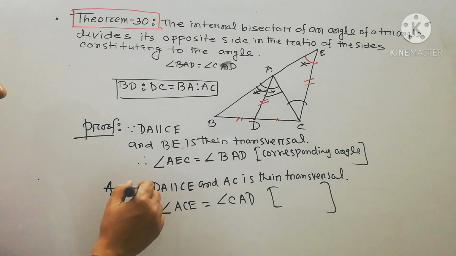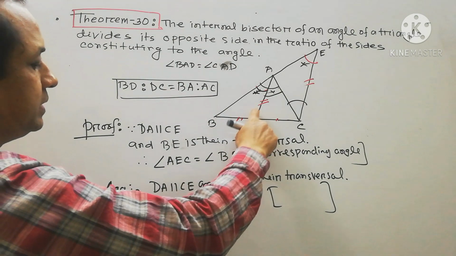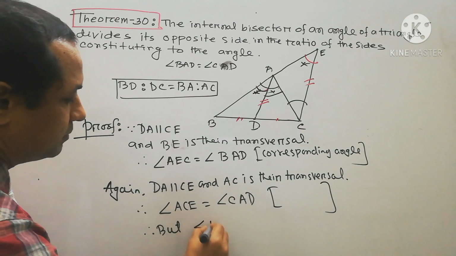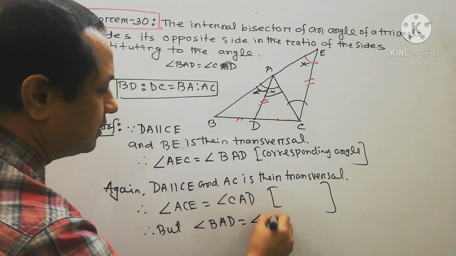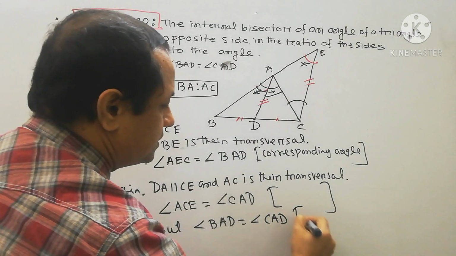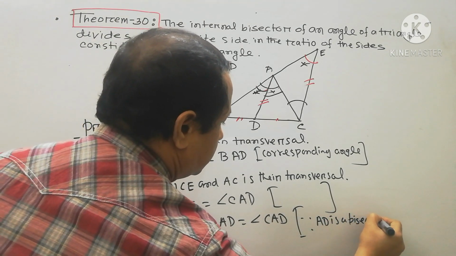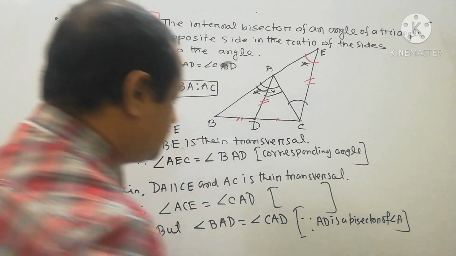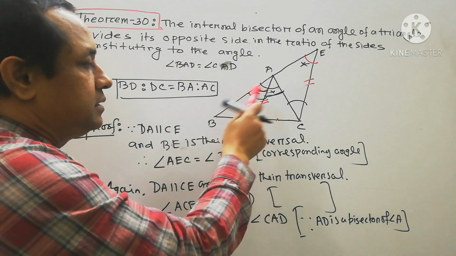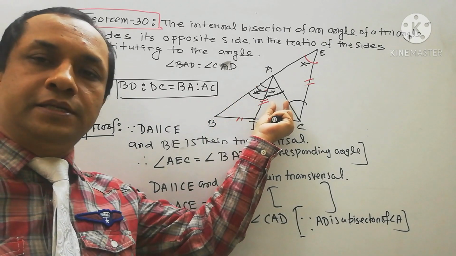Now students, according to the construction, angle BAD equals angle CAD because AD is a bisector of angle A. So BAD and CAD are equal.